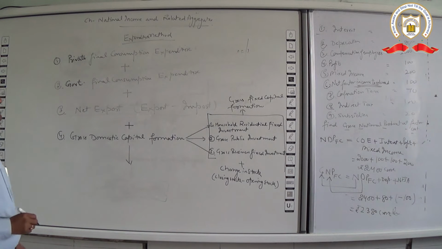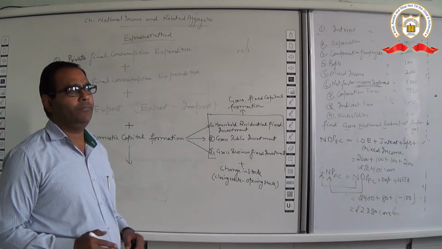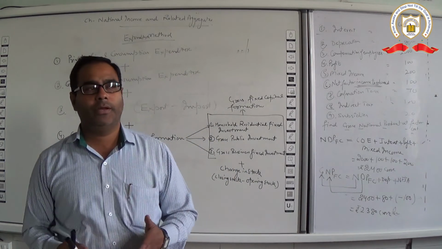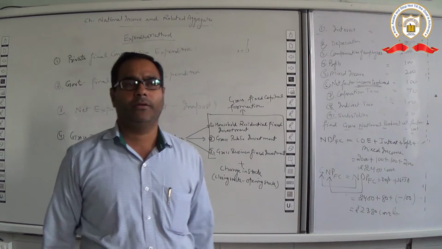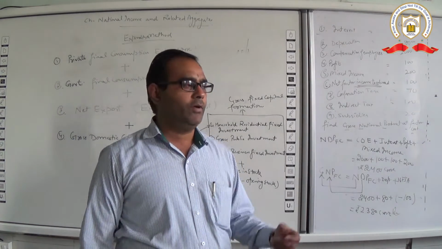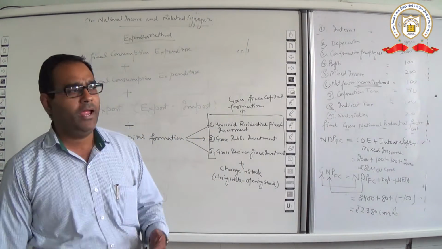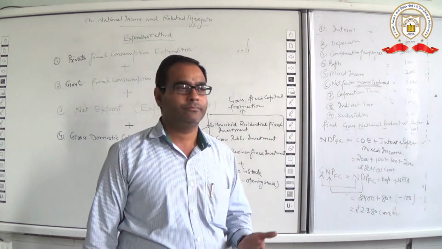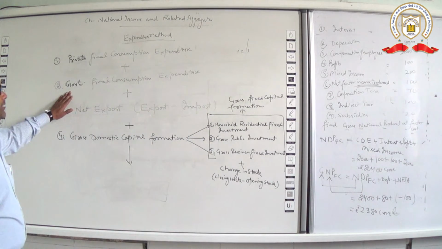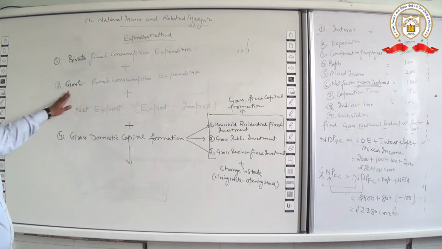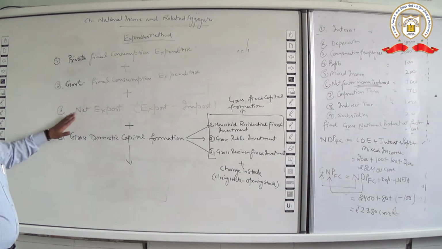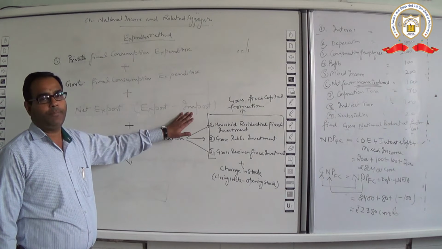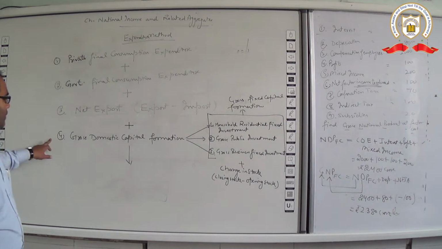It means the expenses incurred by the government for public welfare, like providing defense services, police services, and for example free electricity. Third component, net export. It is the difference between export and import. It can be positive or negative.